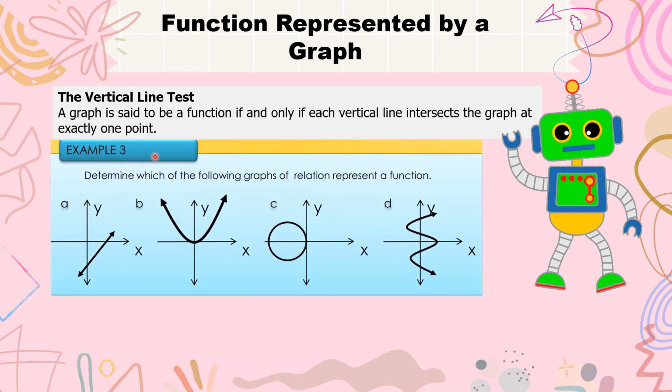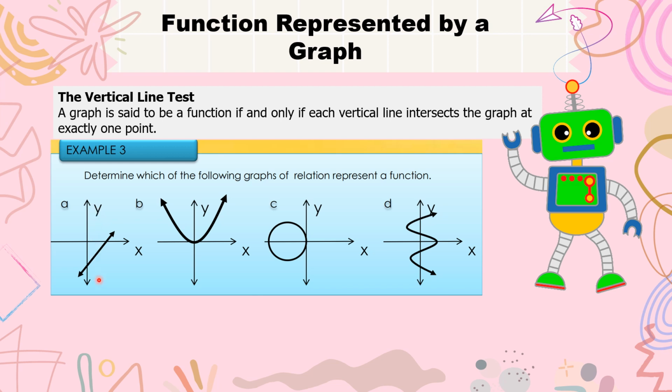Let's have example number 3. Determine which of the following graphs of relation represents a function. So we are going to use the vertical line test. We are going to draw a vertical line sa ating graph. At pag isang point lang ang kanyang masagi, it is a function. Kapag 2 or more, it is not a function.